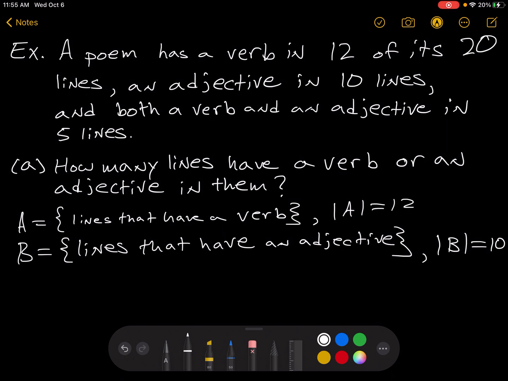And because it says there are 5 lines that have both a verb and an adjective, that tells us that the cardinality of A intersect B equals 5.